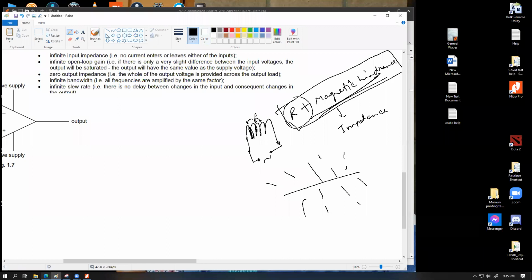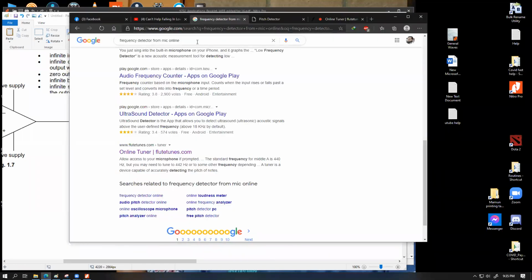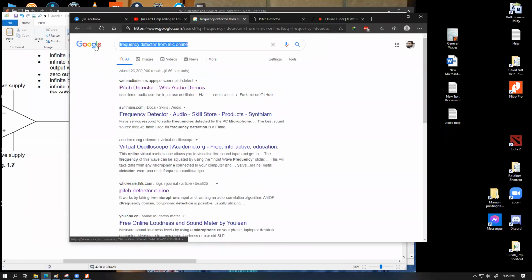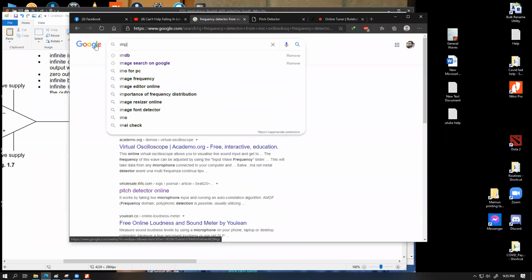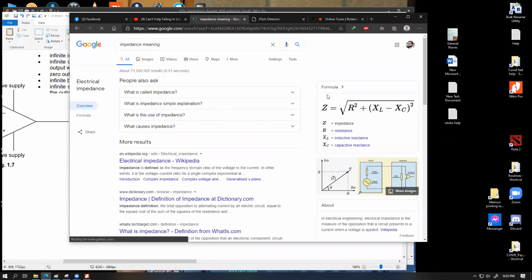Just to make a bit more understanding about the impedance, which is not required, although I'm going to give a small definition for you so that it can make a bit more sense to you.